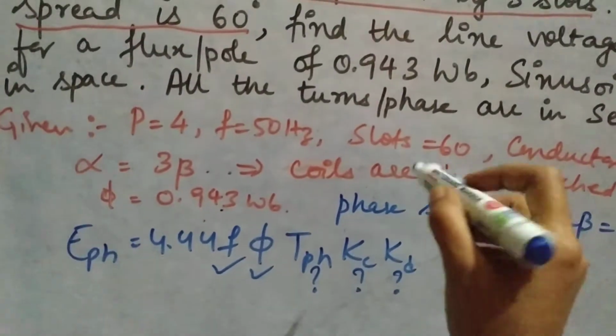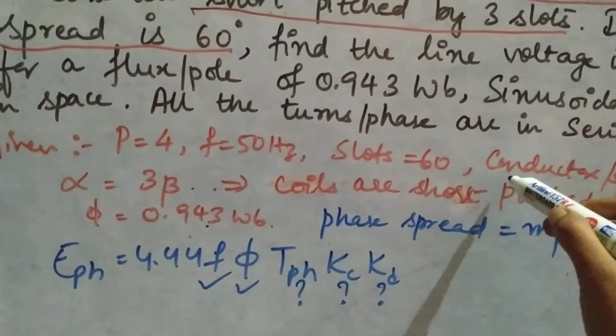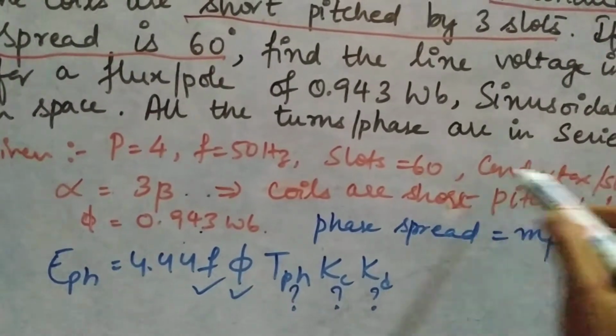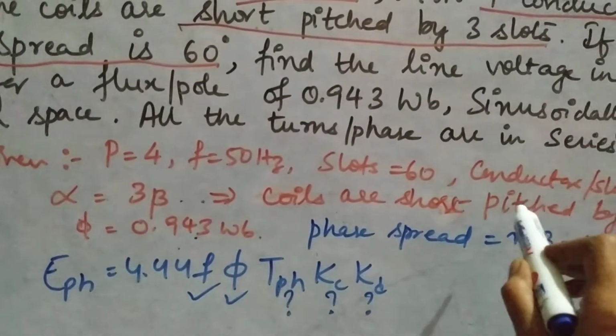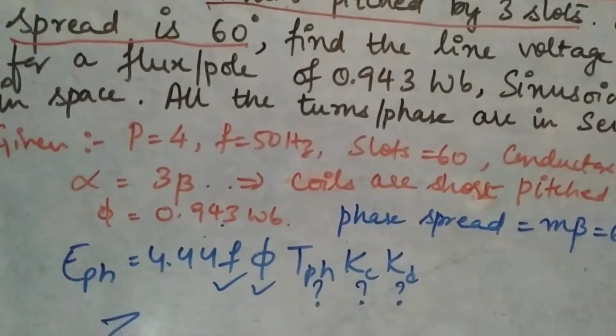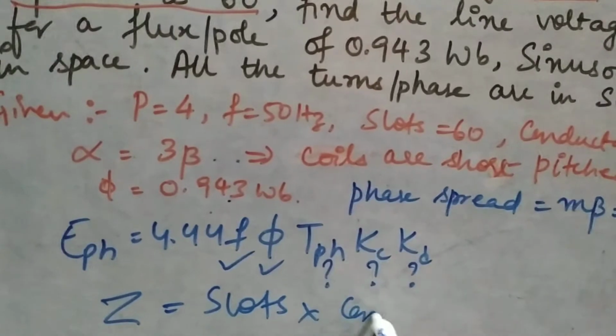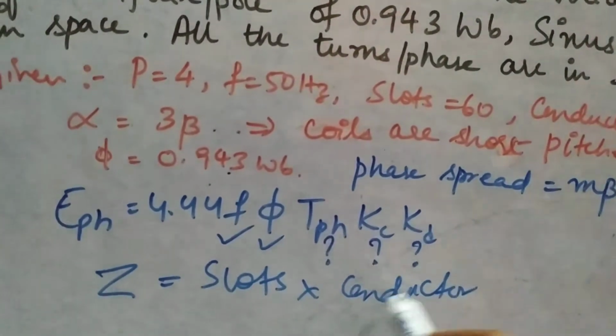With the given hint, the slots are given and conductors per slot are given. When you multiply these 2 parameters, slots get cancelled and we get only the conductors. Therefore Z can be written as slots multiplied by conductors per slot.